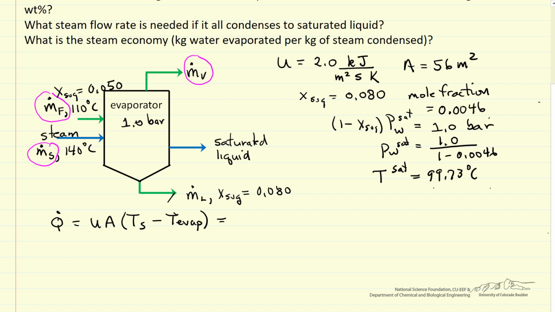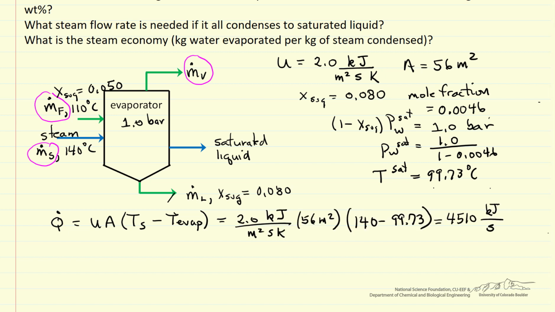So let me pause and substitute these numbers. So that's the heat transfer rate, 4,510 kilojoules per second. Now, heat is transferred by condensing the steam that's fed in at 140 degrees. So the mass flow rate of the steam times the heat of vaporization has to equal 4,510 kilojoules per second, and so that's the mass flow rate of steam.